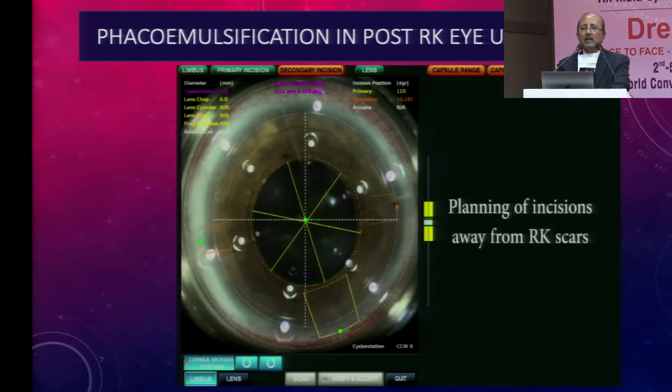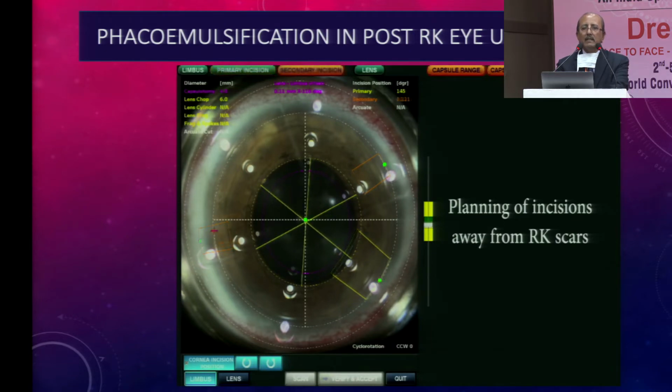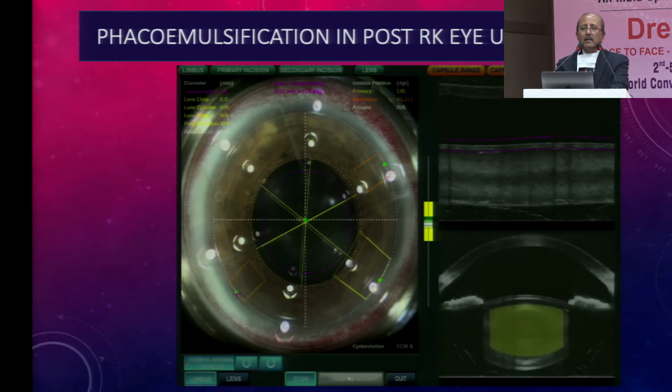And this is another patient where phacoemulsification is done in eyes with radial keratotomy. So we did the planning, because the incision has to be made where there is a clear area, not along the radial keratotomy area.